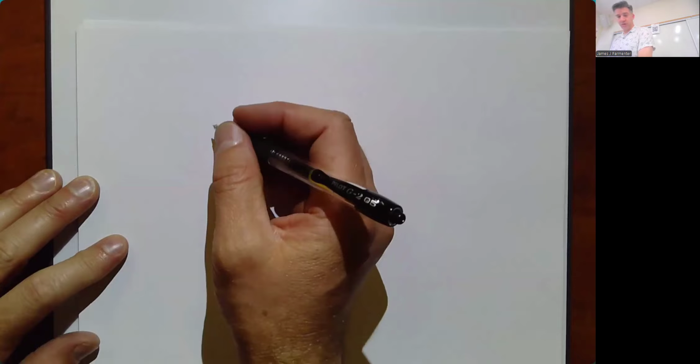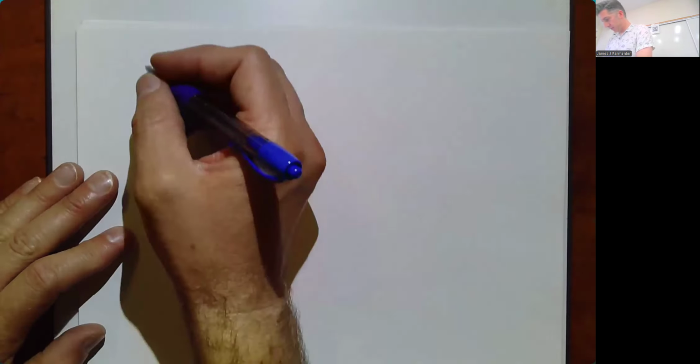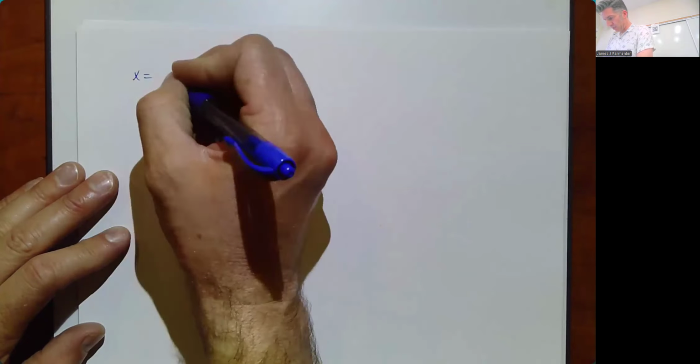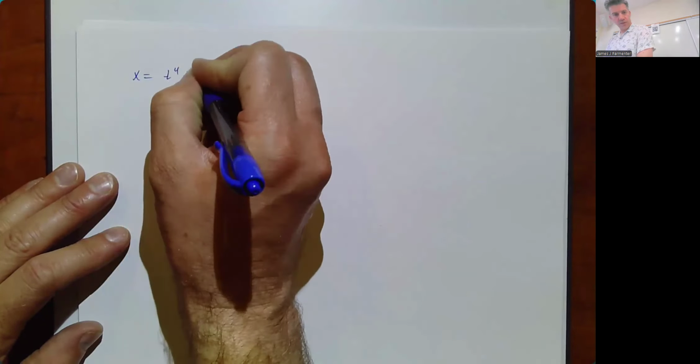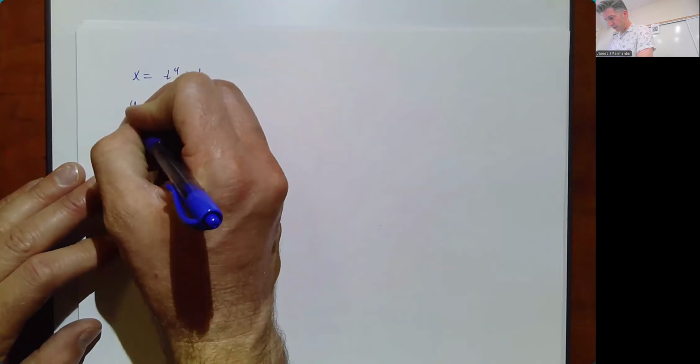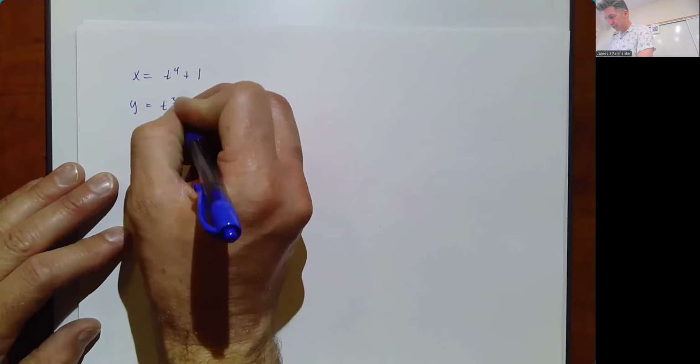So let's look at this next parametric equation. Let's say we have x equal to t to the fourth plus 1, y equal to t cubed plus t.